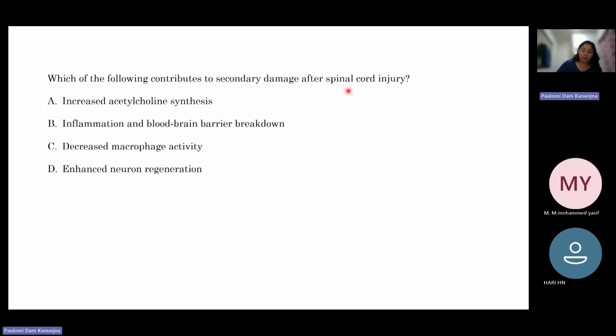So I told you about primary damage, that is your motor neuron damage or neuron damage, and neuron damage by having inflammation. Now, once your inflammation has happened, which of these will now be your secondary damage?